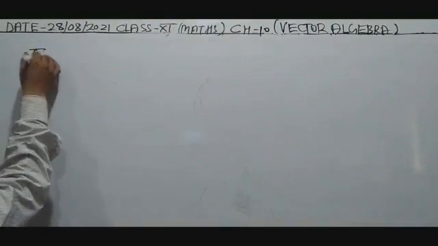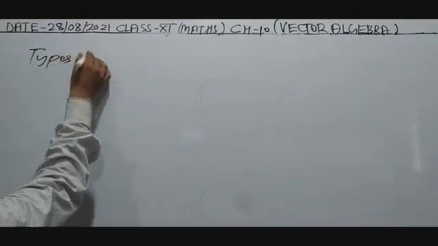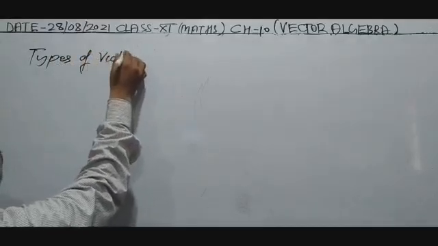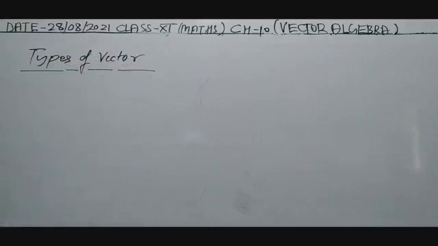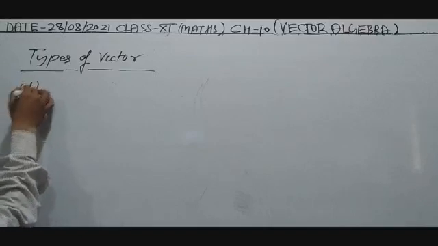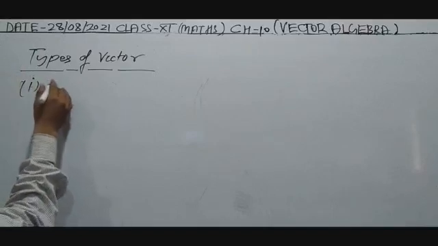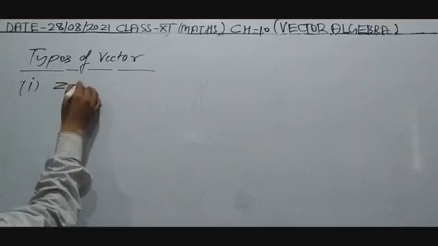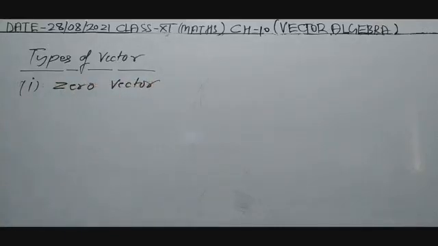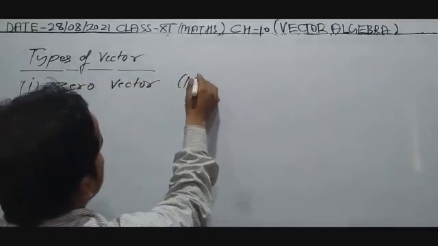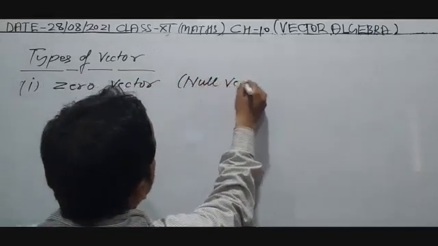Heading is types of vectors. Now the first type is zero vector. Zero vector is also known as null vector.